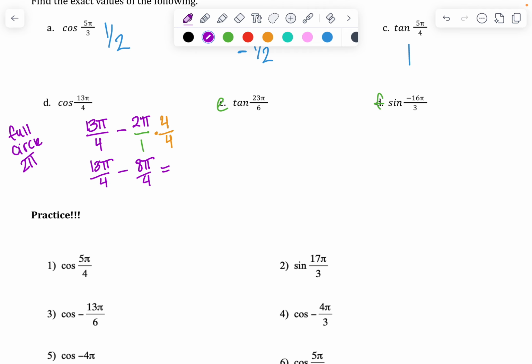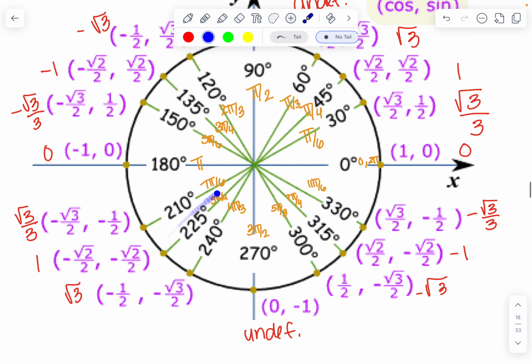Now we can subtract those, and we get 5 pi over 4, right? And so we can go to 5 pi over 4 now, which is right here. And that's in the exact same position as our 13 pi over 4, right? They're coterminal. They land in the same spot.